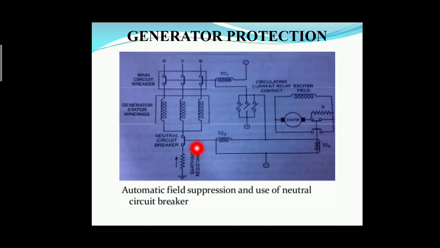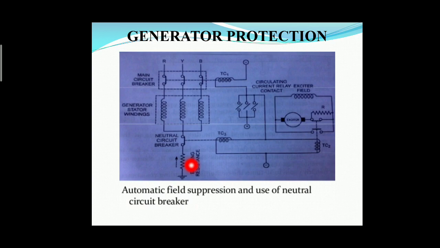This is the earthing resistance. If any earth faults are obtained in that line, by adjusting this resistor, those faults will be reduced.